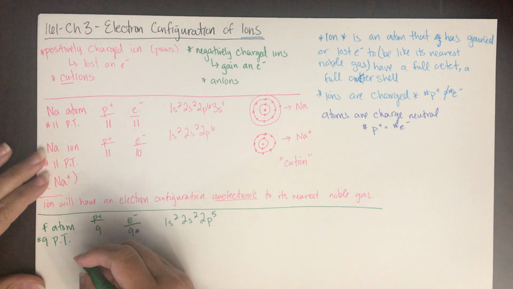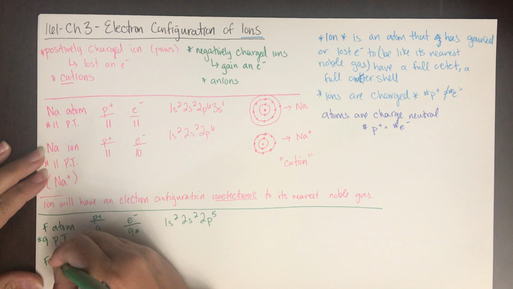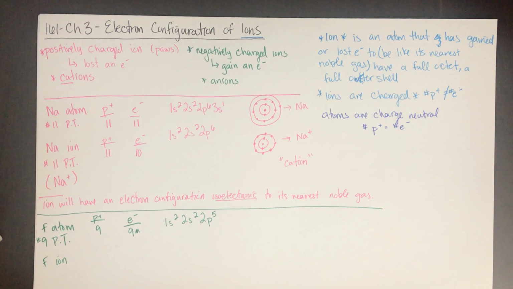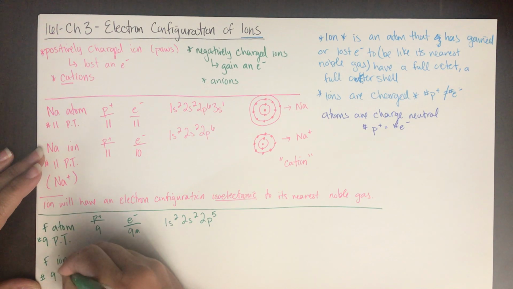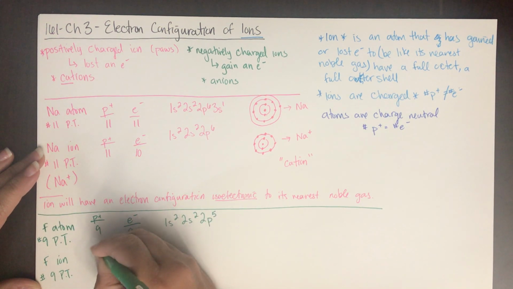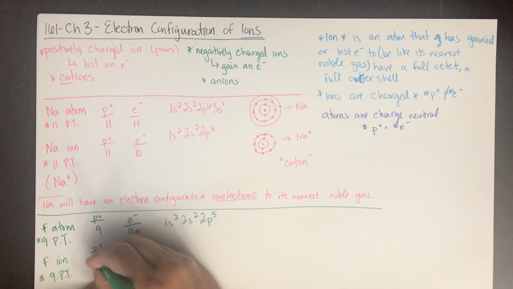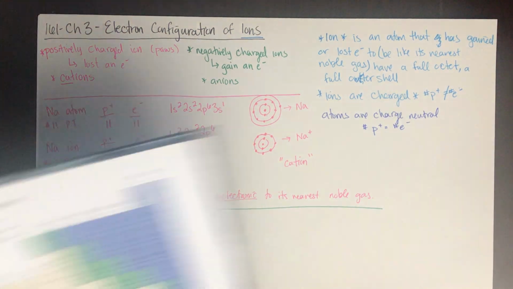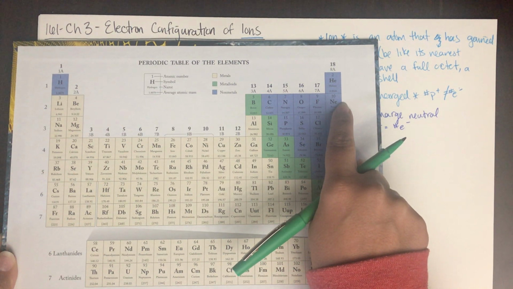So now let's look at the fluoride ion. So it's still number 9 on the periodic table. So the number of protons don't change. I still have 9, but now remember, fluoride still wants to be like its nearest noble gas, which is neon.